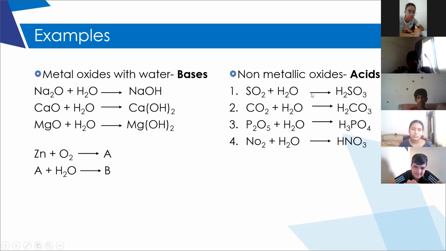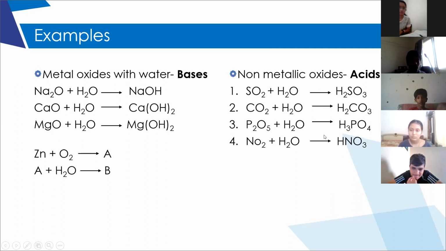Sulfur dioxide, when reacted with water, forms sulfurous acid. Carbon dioxide with water, what is the name of H2CO3? Carbonic acid. Whereas phosphorus oxide with water, we will get phosphoric acid. Nitrogen dioxide and water, we will get nitric acid. Clear?